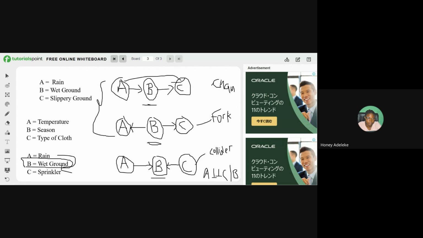So if we go to our 3.6 in our material, we have a real world example. That's just one more example to what we have discussed earlier.